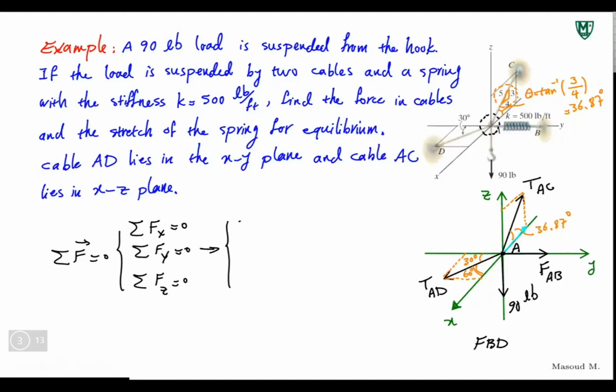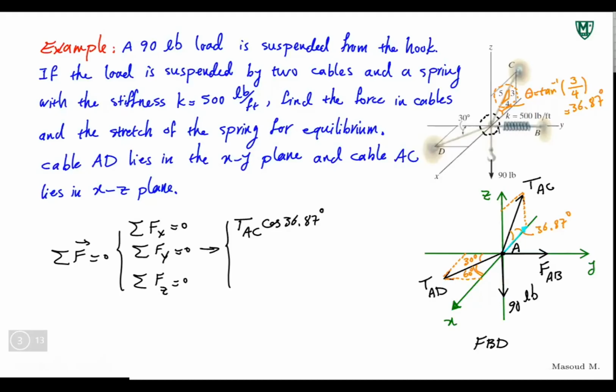So that would be TAC cosine 36.87 degrees. I told you before, get very comfortable with finding different sides in a right triangle, knowing different angles and hypotenuse or adjacent or opposite. Just get comfortable with that. Now, that's the magnitude of that.